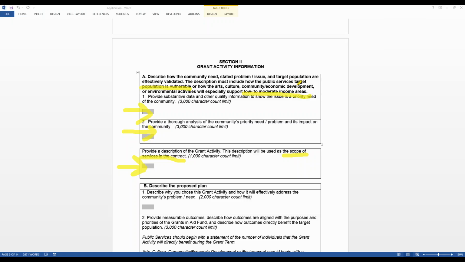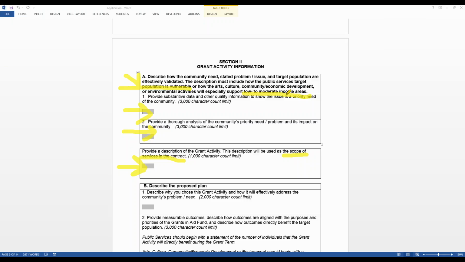Something that I want to point out about public service: just because people are seniors or children doesn't necessarily mean that they are vulnerable. So you have to draw a clear connection on how the targeted population is socially and economically disadvantaged.